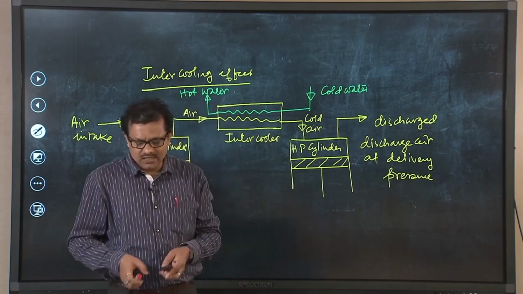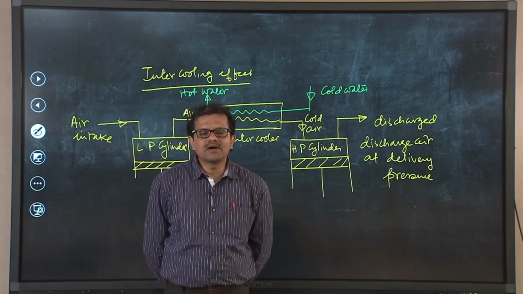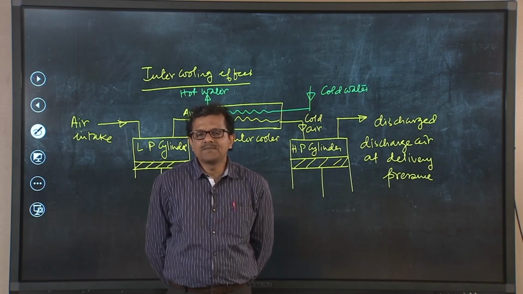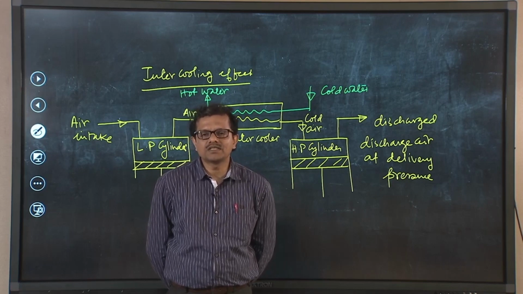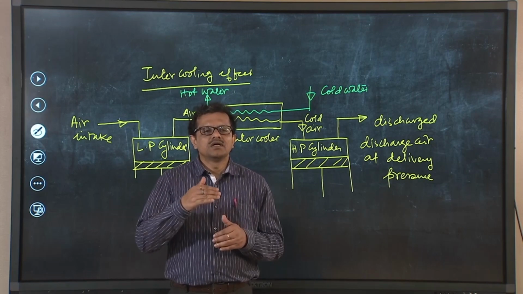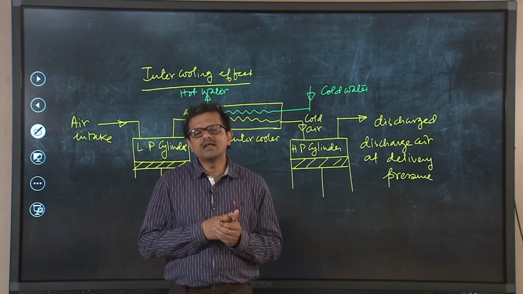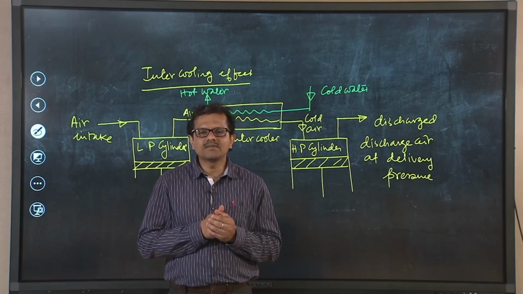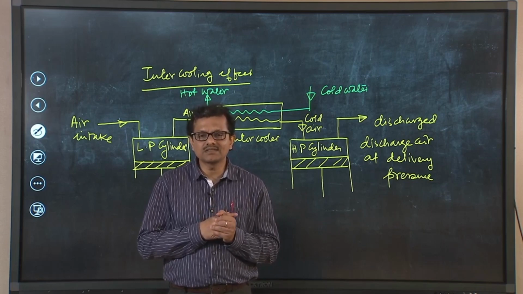So, to summarize today's discussion, we have discussed about the compression processes and work needed to be supplied to the compressor for the compression process following reversible adiabatic, reversible isothermal and reversible polytropic processes. Then we have discussed about several efficiencies of the compression process.